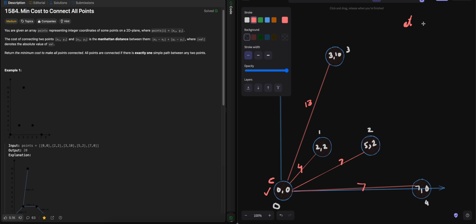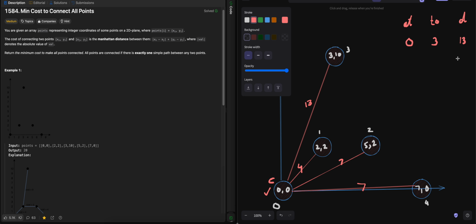So this is at, this is 2, and the distance between them. Right now we are at the 0th node, so from here we are calculating the distance to the 3rd node.